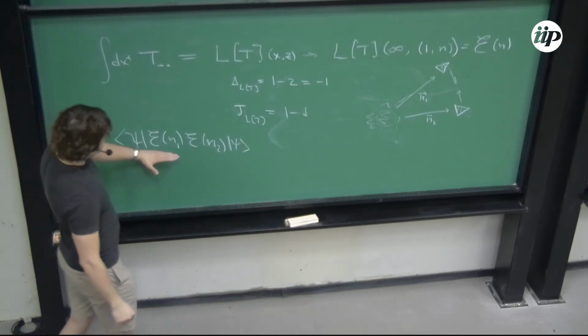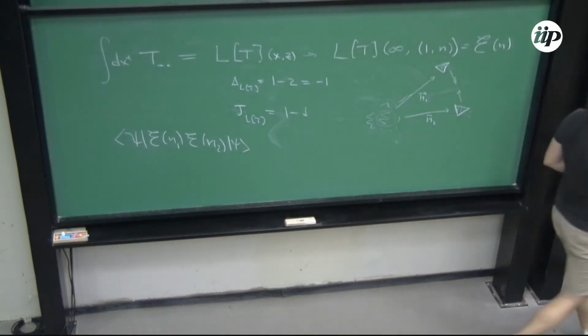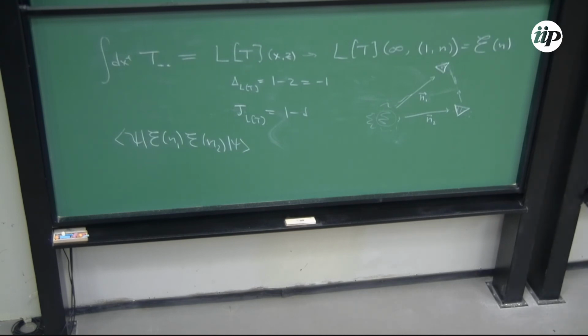So it's instructive to rewrite this product back in terms of these light transforms. In terms of the light transforms, this product becomes L of T at infinity with some polarization vector z1, L of T at infinity with some polarization vector z2.